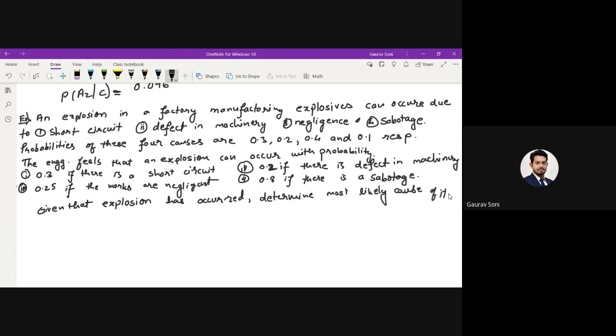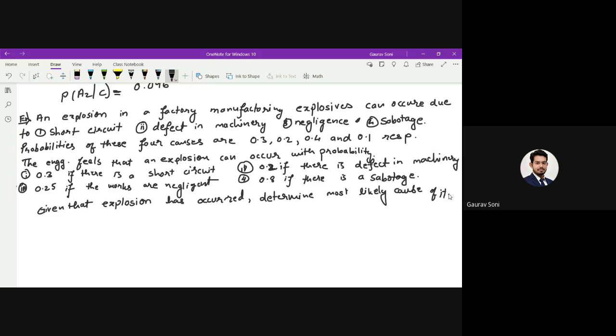The engineer feels that an explosion can occur with probability 0.3 if there is a short circuit, 0.2 if there is a defect in machinery, 0.25 if workers are negligent, and 0.8 if there is sabotage. Given that the explosion has occurred, determine the most likely cause of it.